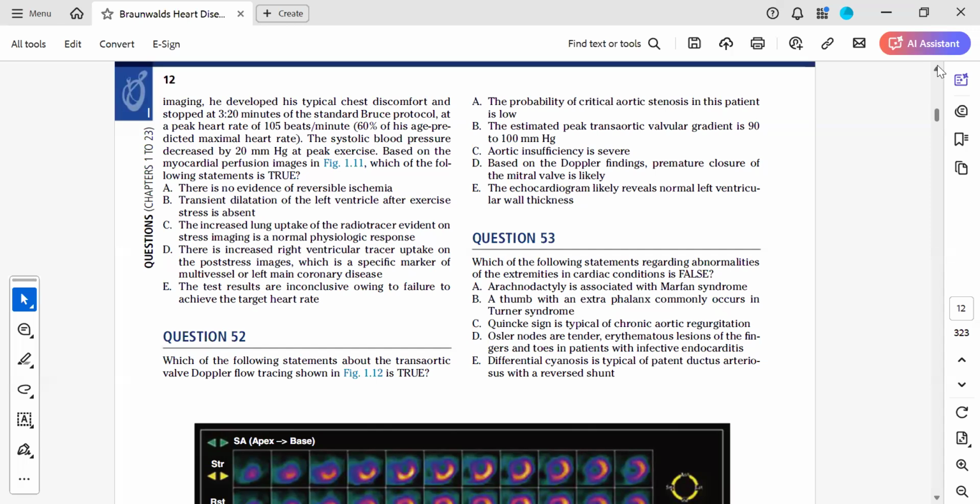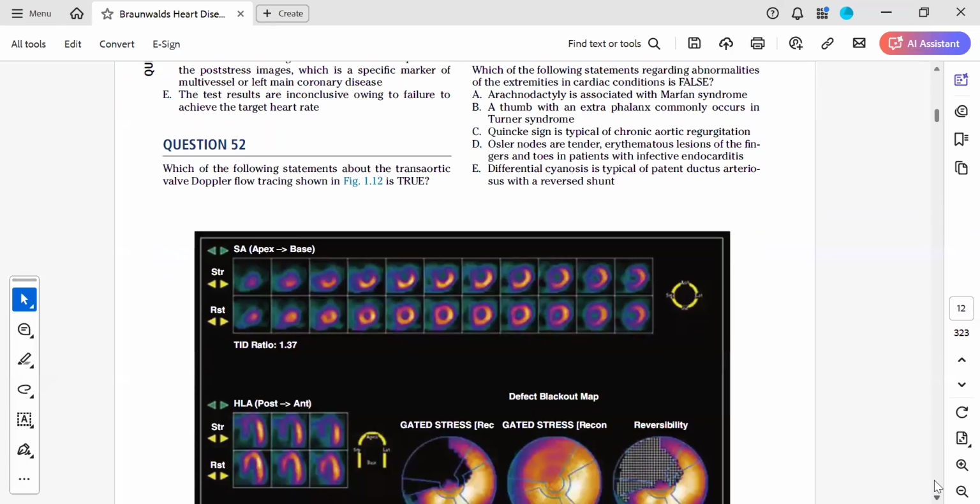B, the estimated peak transaortic valvular gradient is 90 to 100. I'll say this is true using the Bernoulli equation, like I explained earlier. C, the aortic insufficiency is severe. Looking at that image, the values are not there to calculate the aortic pressure half time, but the slope is gradual.